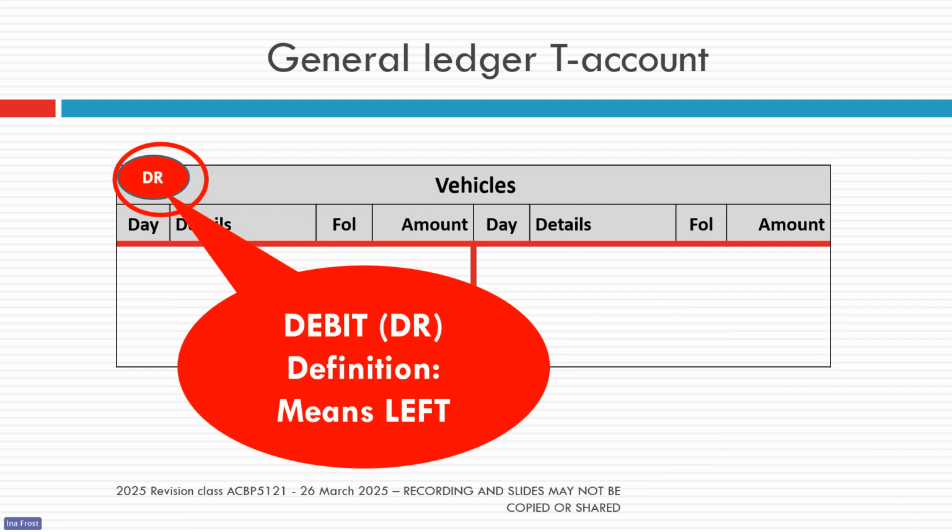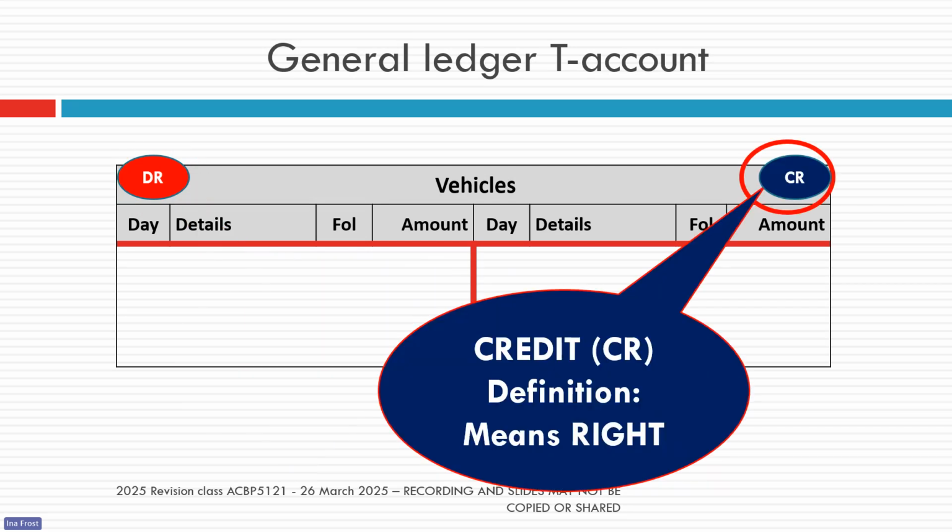So in the general ledger, we are going to have an account for every major group of assets. So for all of those little assets, income and expenses listed there on page 53, there's going to be a general ledger account for them. And a general ledger account has 2 sides, the left-hand side being the debit side and the right-hand side being the credit side.